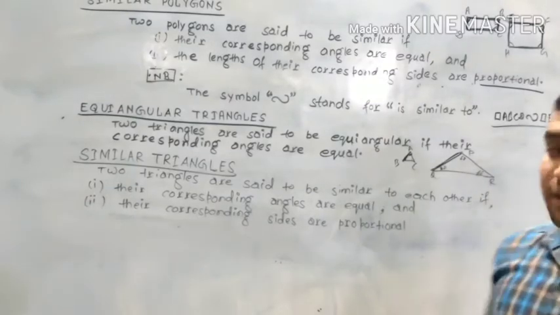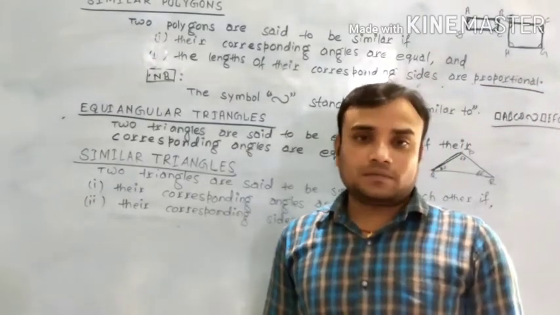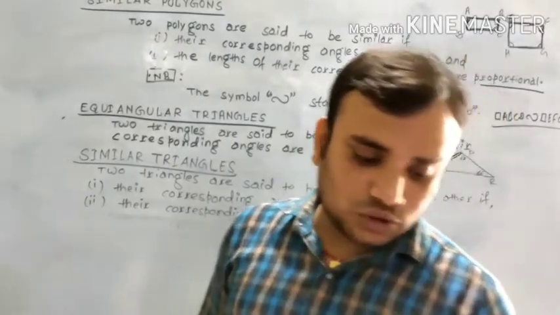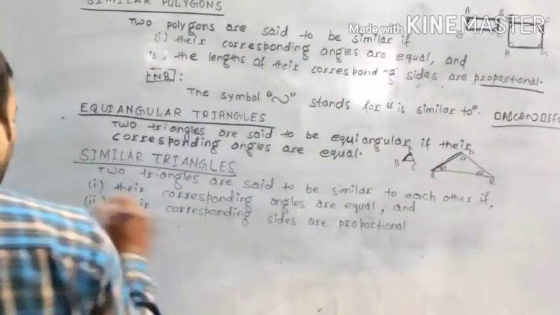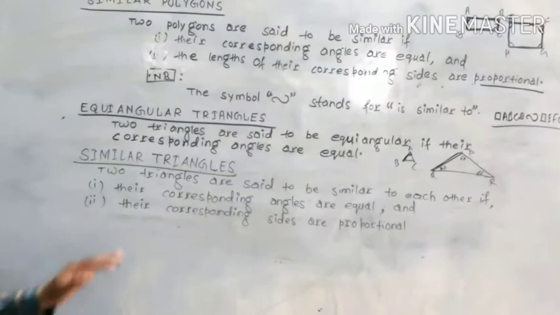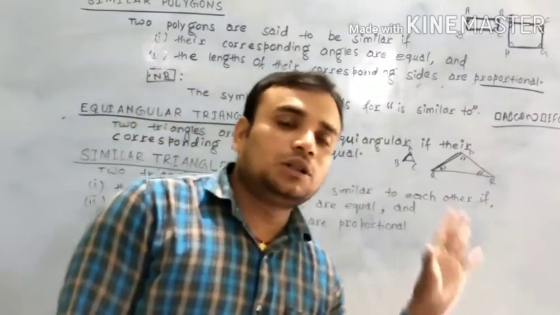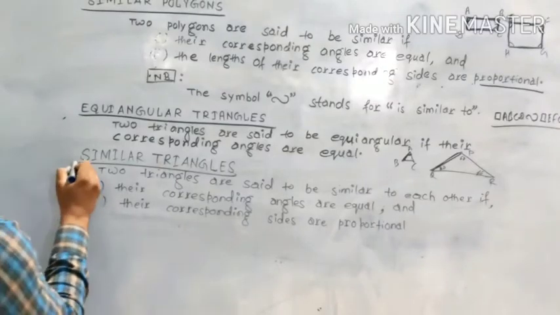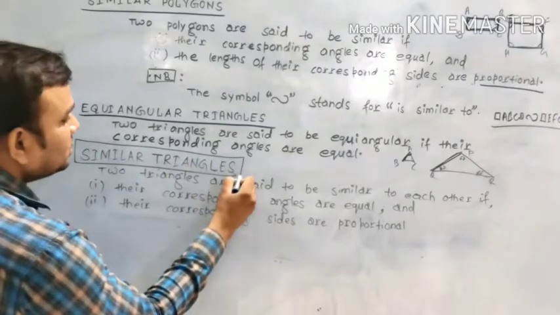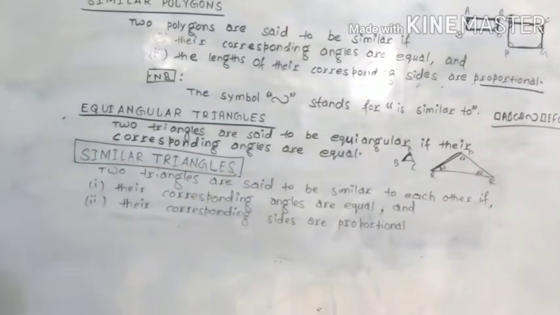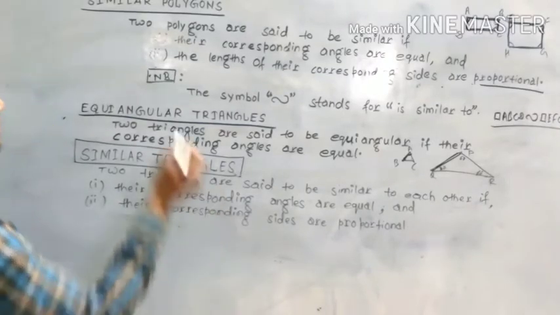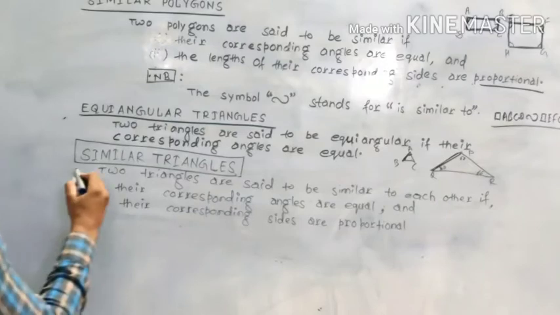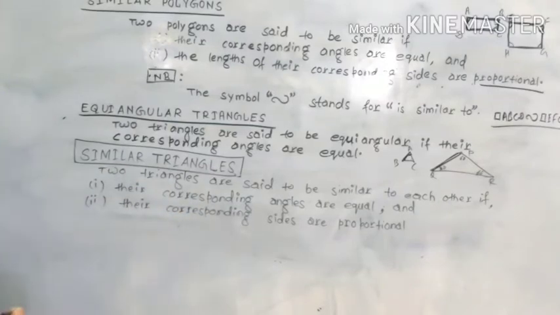And now the very important topic. This topic is too important to solve the questions of this chapter and prove all the theorems. So dear student, concentrate. This is the very important topic, launching your chapter 4, similar triangles.